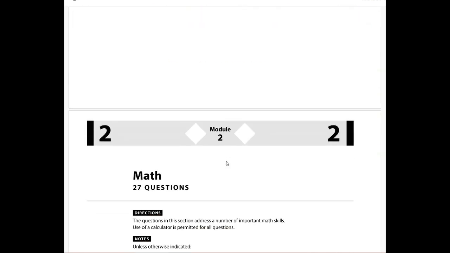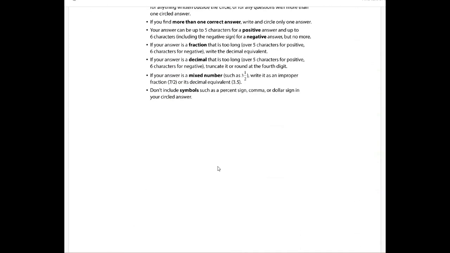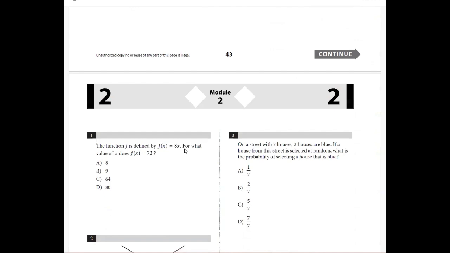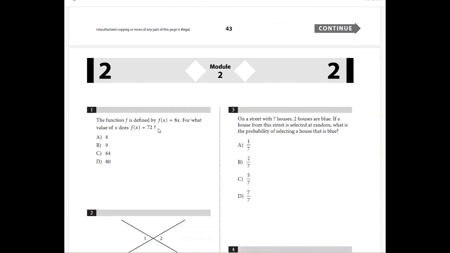Okay. All right. Let's move on. The function f is defined by f of x is equal to 8x. For what value of x does f of x equal 72? Set these equal to each other, and 8 times 9 is equal to 72.